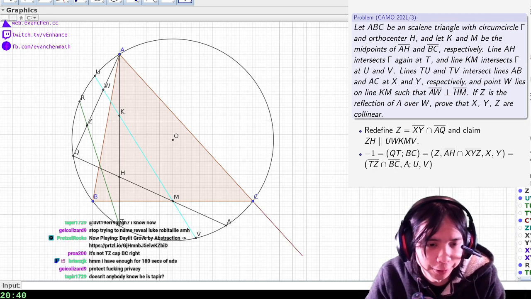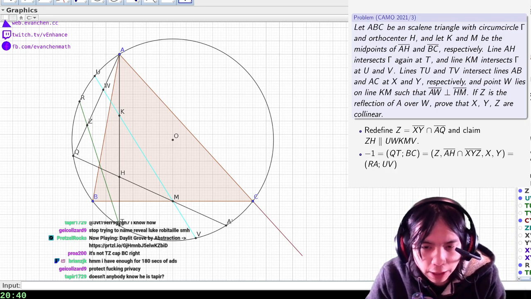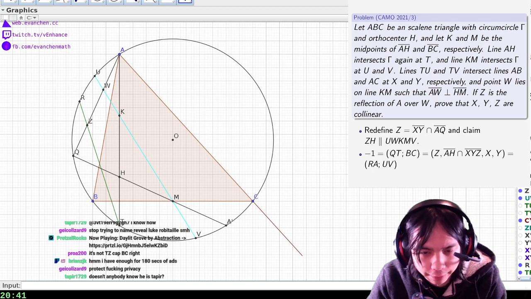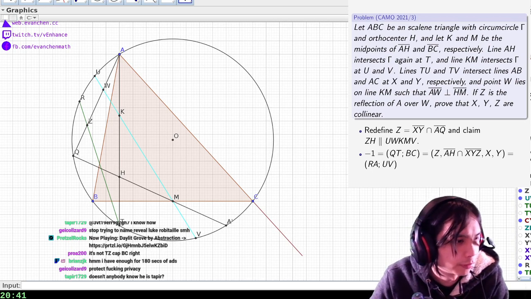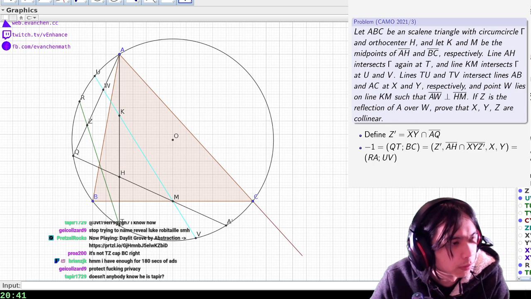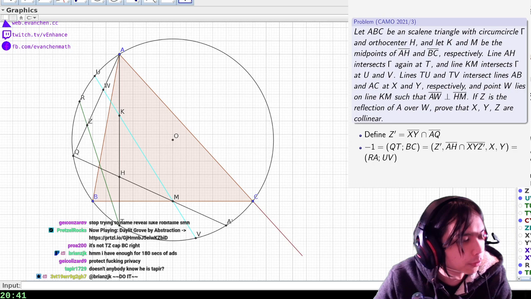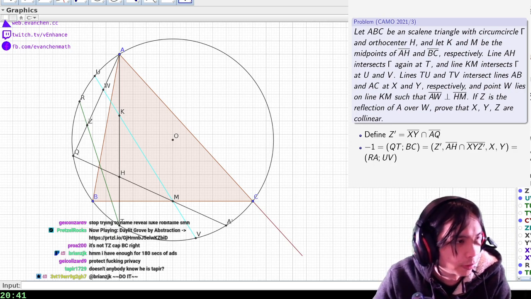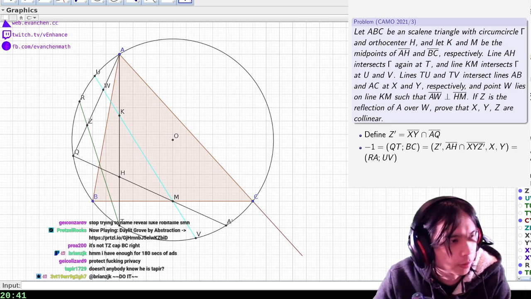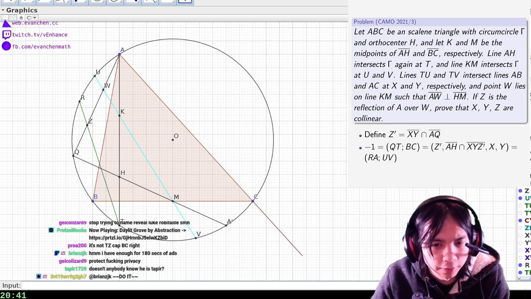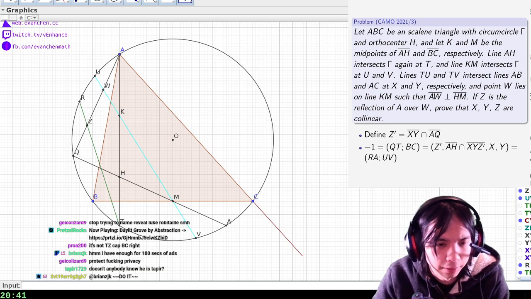The way I've written it is a little confusing. But we'll say if I define Z prime like this, and I add primes everywhere, we get RA UV is, so we'll let R prime be AZ prime cap gamma, and R equals AZ cap gamma.